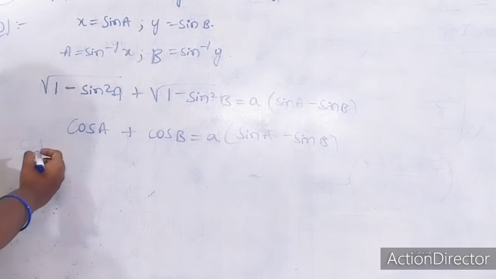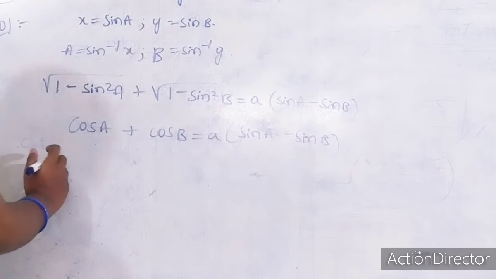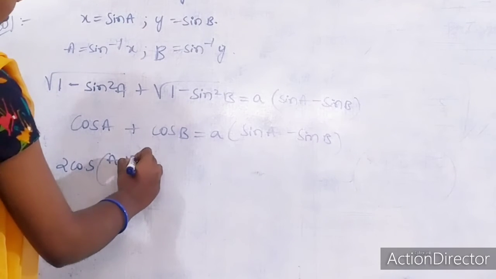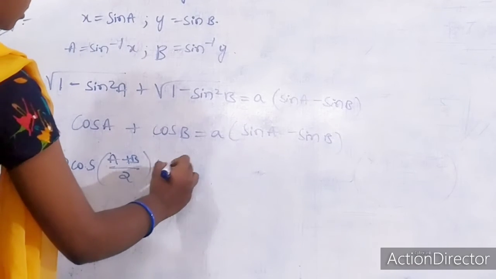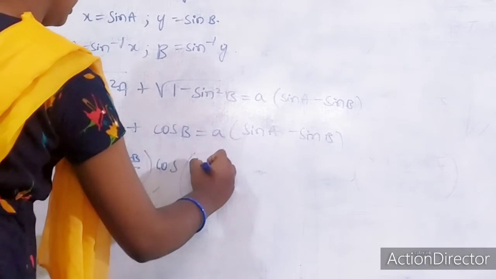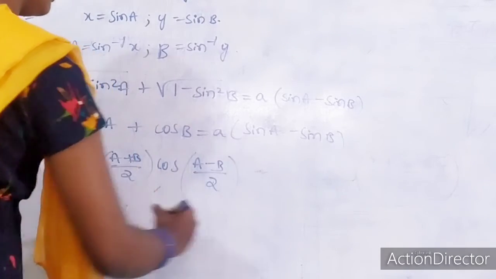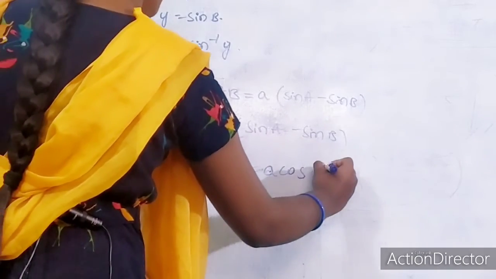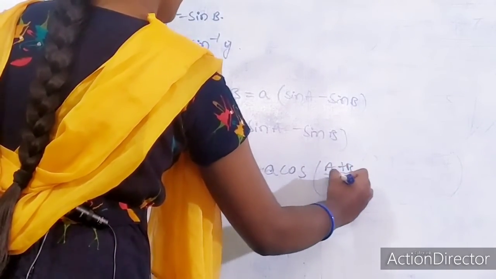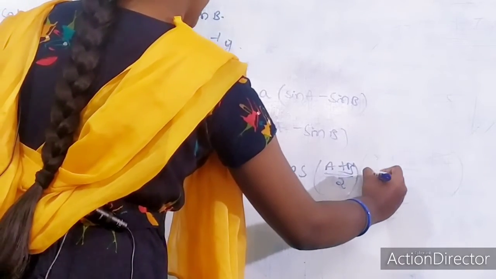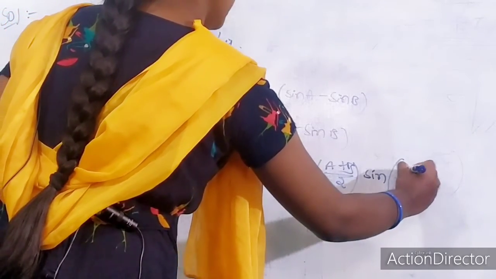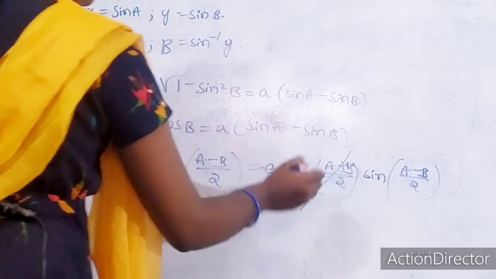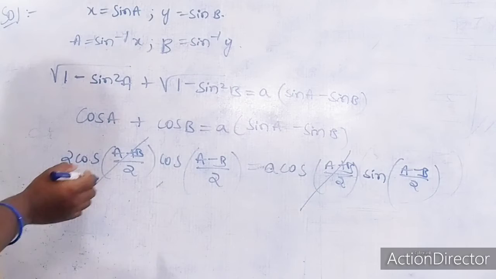So cos a plus cos b formula: 2 cos of c plus d by 2 into cos of c minus d by 2. Sin a minus sin b formula: 2 cos of c plus d by 2 into sin of c minus d by 2. Here cos of a plus b by 2 and cos of a plus b by 2 get cancelled.